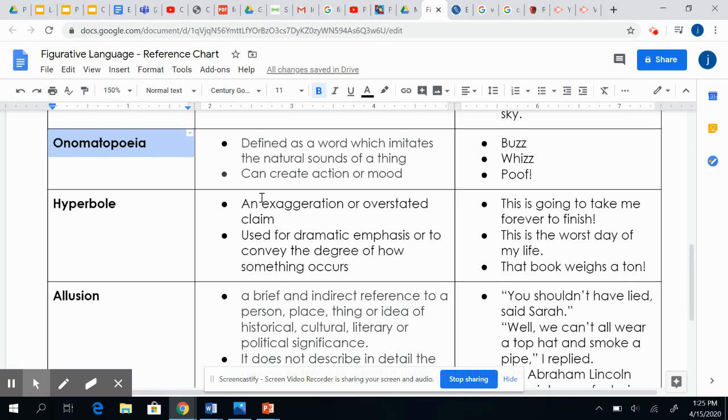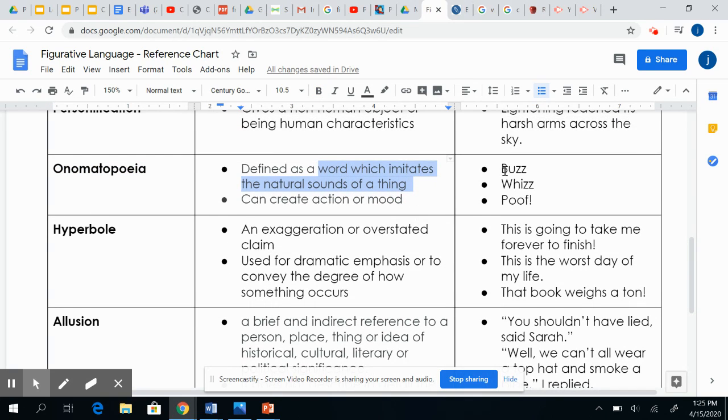What this word means is that it is a word that imitates the natural sound of a thing. For example, the word buzz. Even when I say the word buzz, I can't help but buzz. That is an onomatopoeia. We see these a lot when talking about superheroes or action, or even when studying different types of animals, as the sounds that we make to imitate them make those sounds.